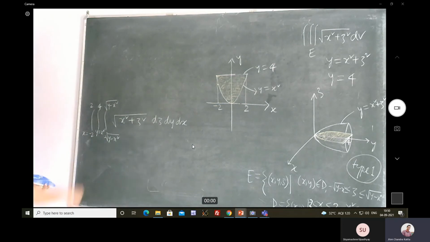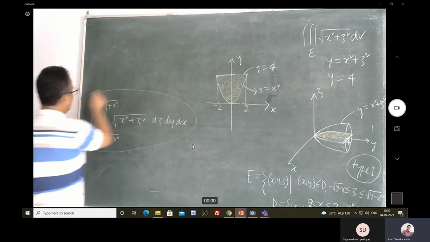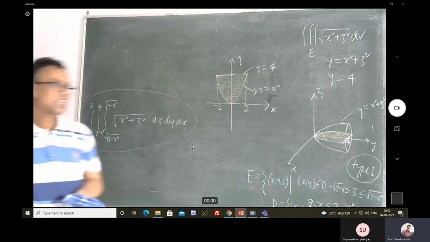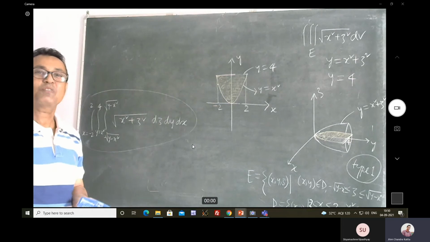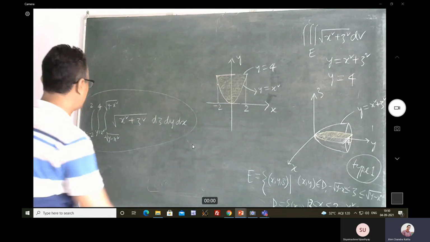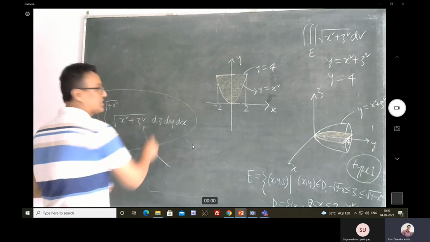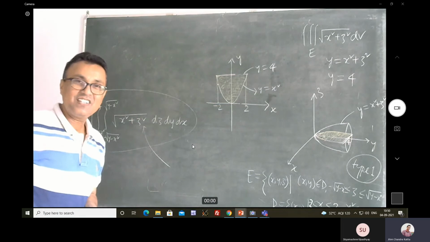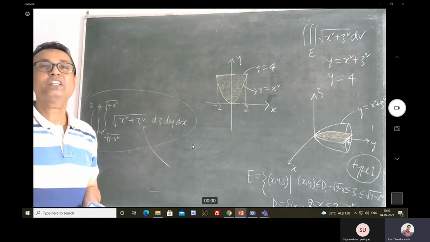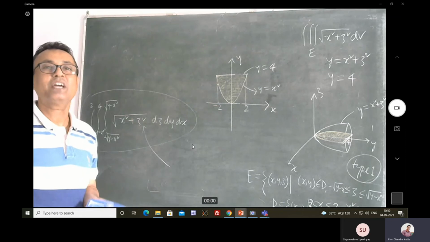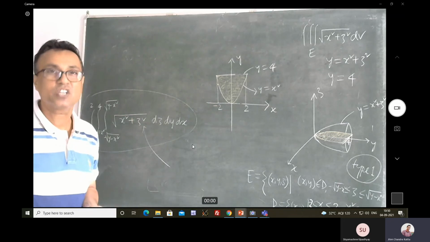Now, by the look of it, you would be terrified. Although, as mathematicians, we know that we will be able to work it out, why go that cumbersome way? It is not that we only know about type 1 region. We know about type 2 and type 3 region as well.